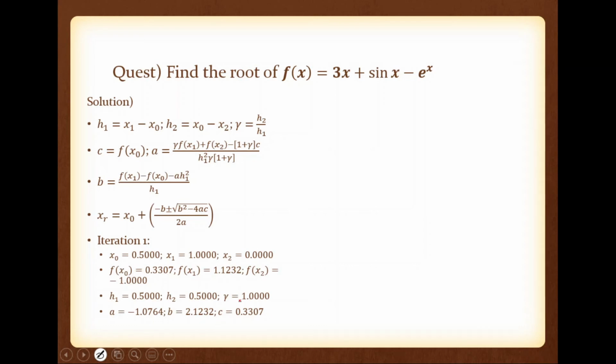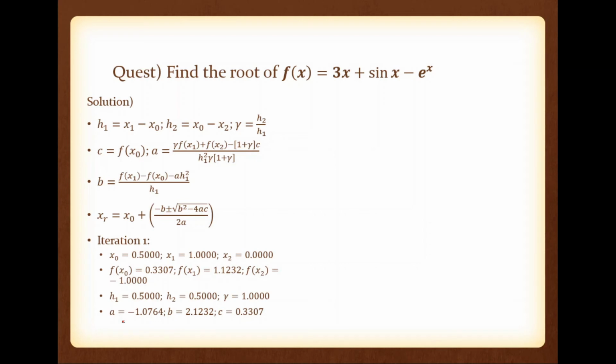So already we have C. I told you C is nothing but f of x0, and by using that C we determine this a. Okay. So now we have a, that is minus 1.0764, b, that is 2.1232, and c, that is 0.3307. So now what can we find by using these three?